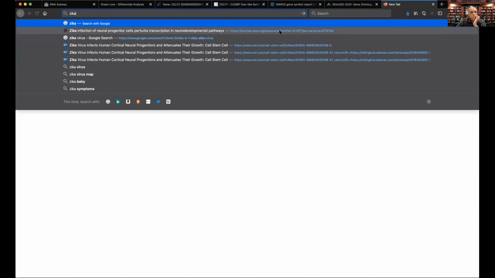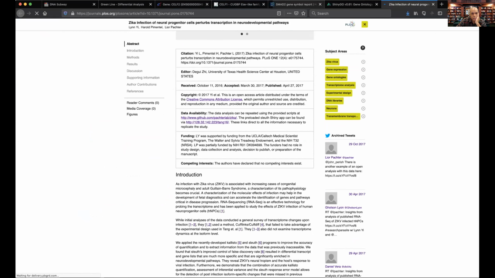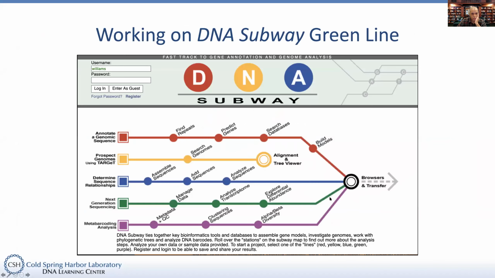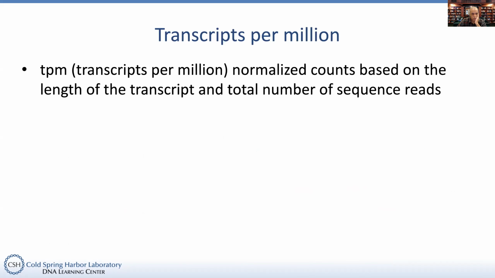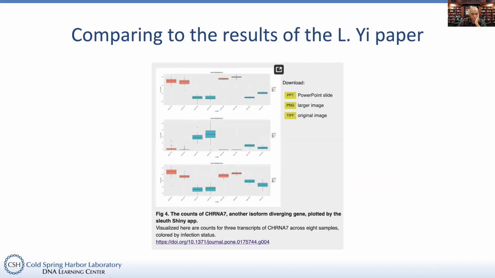So let me go ahead and do this. This is linked from our spreadsheet, but hopefully it's in my history here. And we can take a look. In fact, this is what our slides tell us to do. Go all the way to the end here. And we could take a look at this CHRNA7.